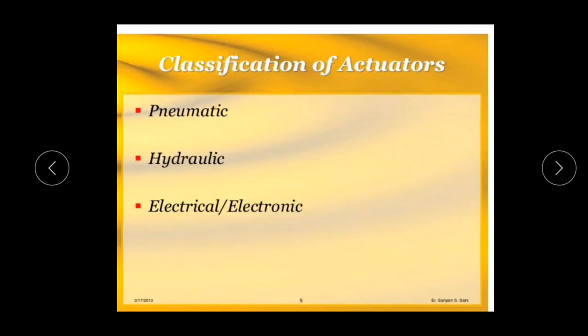Okay, let's come to the classification of these actuators. These actuators are classified as pneumatic actuators, hydraulic actuators, and electrical actuators. The pneumatic actuators are operated by pressurized air or gas.